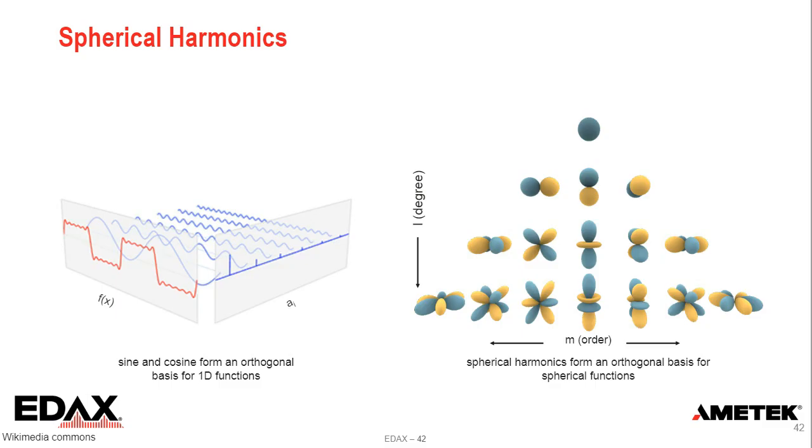So it's a two-dimensional grid of functions instead of just a sine and cosine. But normally you go to the same extent in both. And so people generally refer to that as bandwidth. So if you see bandwidth for the remainder of the talk, in this case, this is showing a bandwidth of 4 because you're going down to a degree of 4 and over to an order of 4.